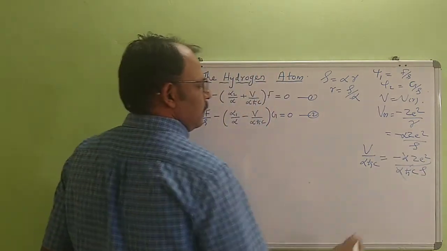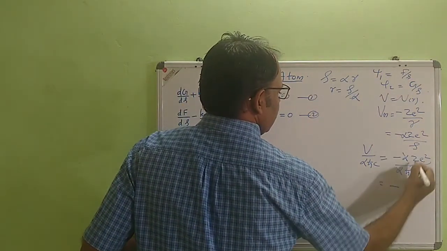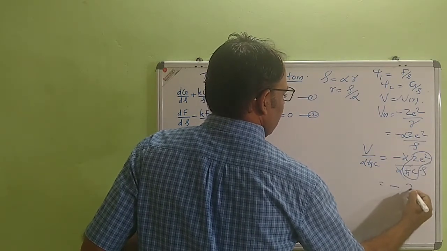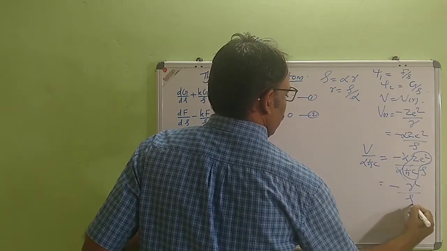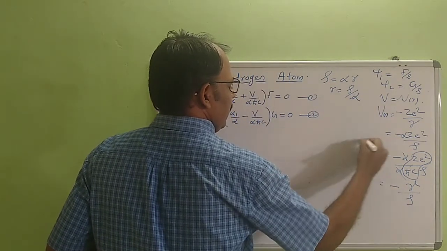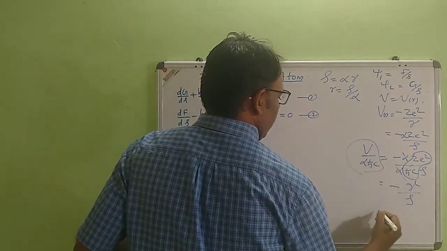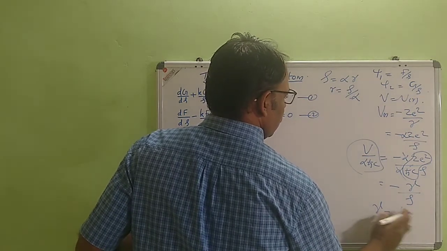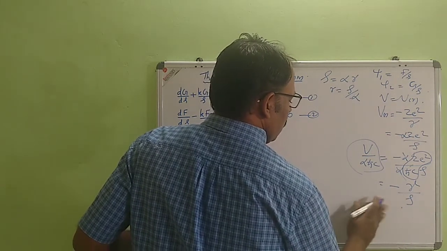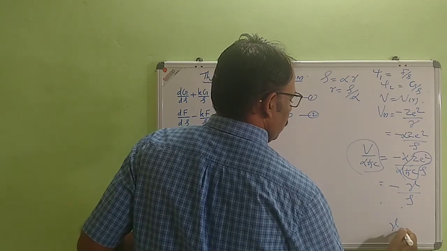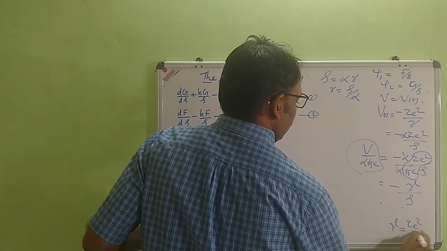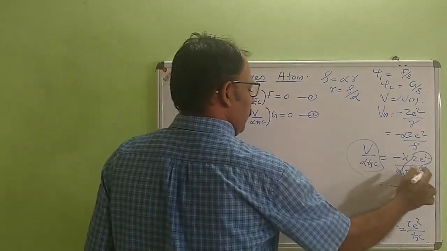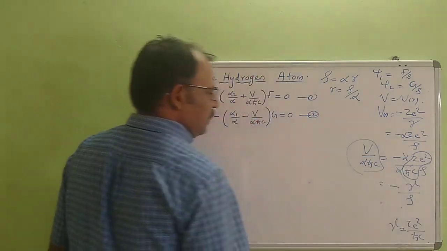Alpha gets cancelled, giving minus Ze square by h bar c rho, which I am writing as minus gamma by rho, where the substitution is gamma equal to Ze square by h bar c. Instead of Ze square by h bar c, we are giving it as gamma.